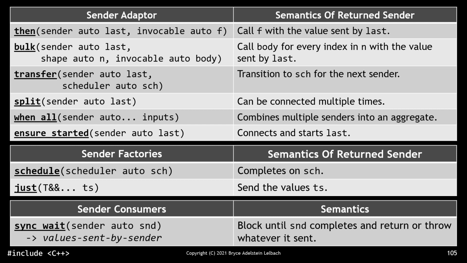The sync_wait that you'll see in most examples will be in the std::this_thread namespace. This is a concrete form of sync_wait that uses a blocking mechanism suitable for use in std threads or the main thread. We imagine in the future there may be additional forms of sync_wait, such as one that is suitable for use with fibers.